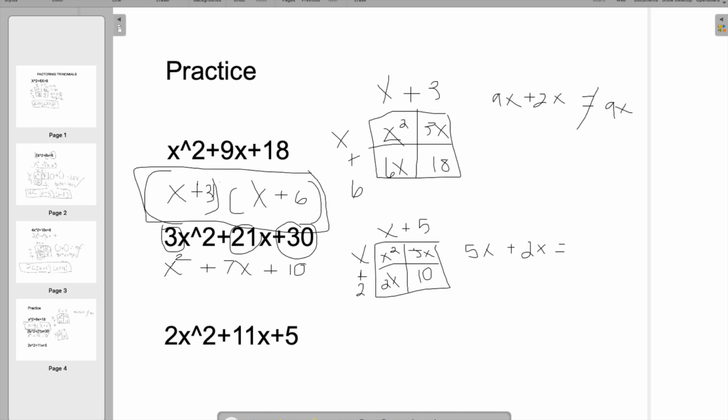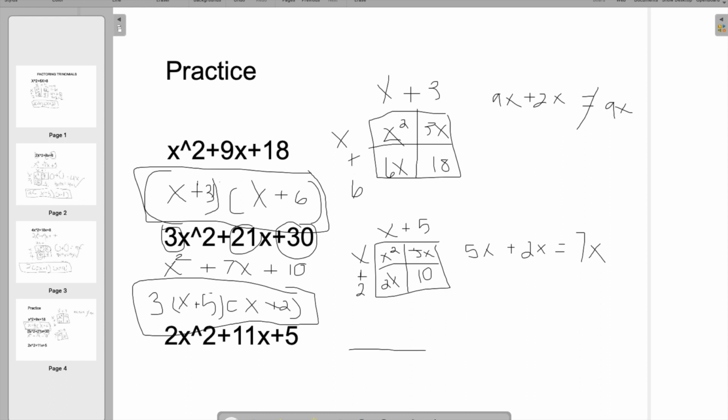So yay, we got the middle number. So the answer is x plus 5 times x plus 2. Oh, I almost forgot the 3. So you want to put the 3 in front of everything since we divided by 3 in the beginning.